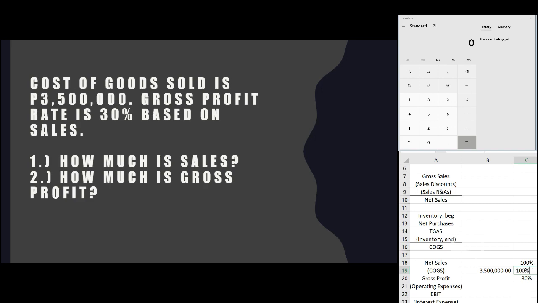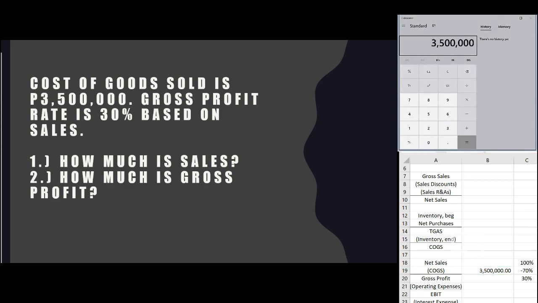Cost of goods sold is 70%. Okay, now, how do we find this? So, we know that cost of goods sold is 70%. Tama? Now, meron tayong amount for cost of goods sold, which means that 3,500,000 is 70% of net sales. So, gagamitin ko yung calculator.